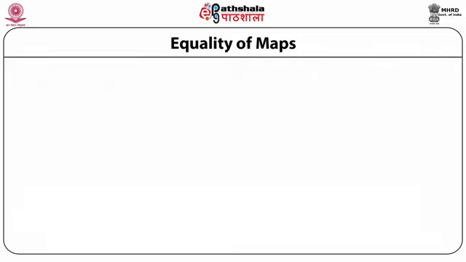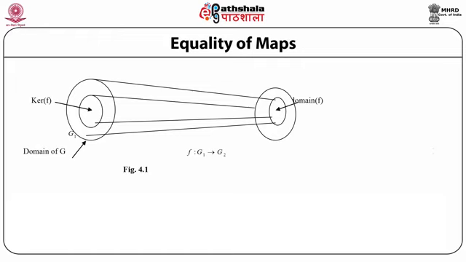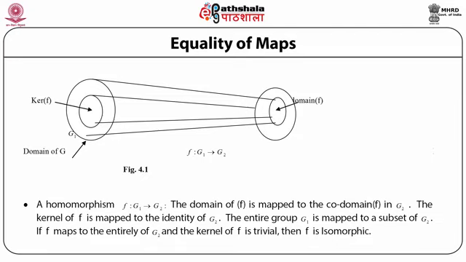We will now rephrase what we said earlier with the help of a figure shown in the slide. Consider a homomorphism F that maps the group G1 to the group G2. The domain G1 is mapped to the codomain G2. By definition, the kernel of G1 is mapped to the identity of G2.